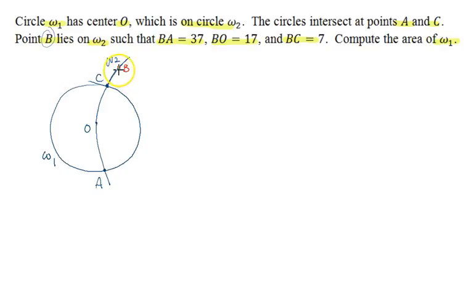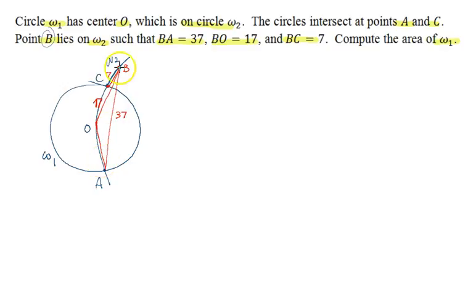We're given that BA measures 37. BC here measures 7. And finally BO measures 17. But then look at triangle BOA.